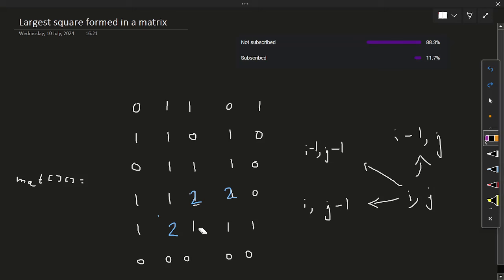Next, at here we take the minimum. The minimum is 1 and the answer is 2 here. At here, the minimum we can take from these neighbors is 2, so we add 1 to it, and it will be 3 now. As you can see, 3 is the maximum.